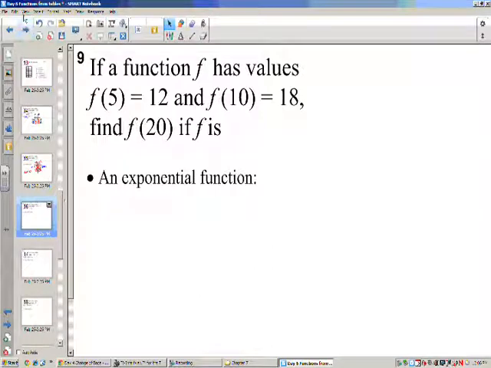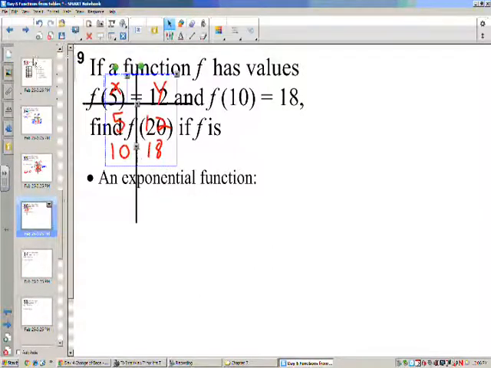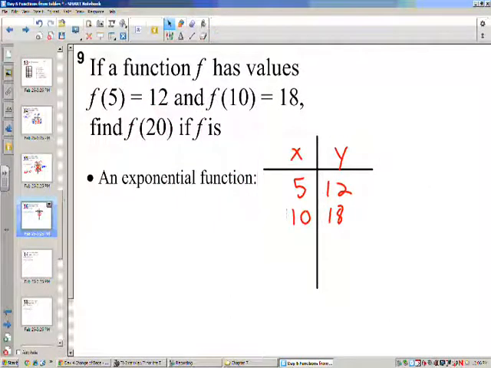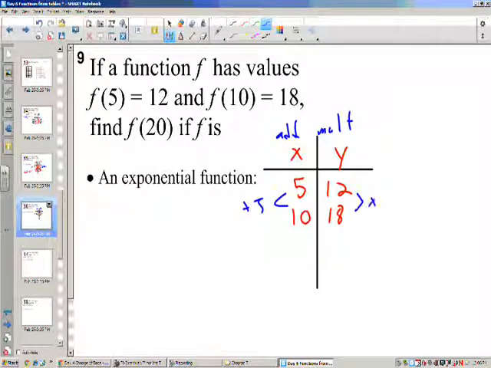Now if this is an exponential function using the same values, this is why I copied it from the previous slide, to make it a little easier. Now if I want to find 20, this is an add, multiply situation. So here we add 5, we multiply by 1.5 again. If I add 5 over here, I'll multiply by 1.5 again.